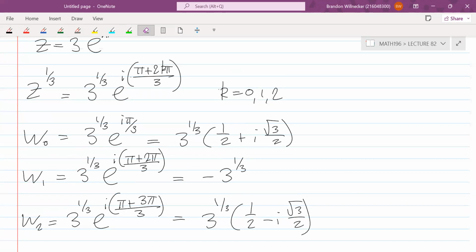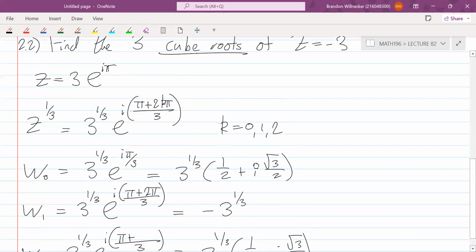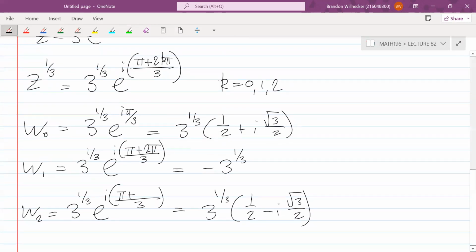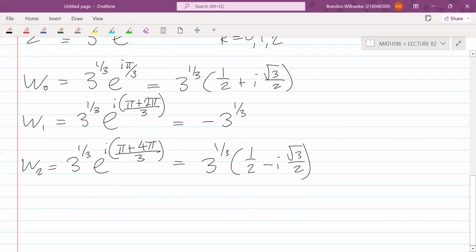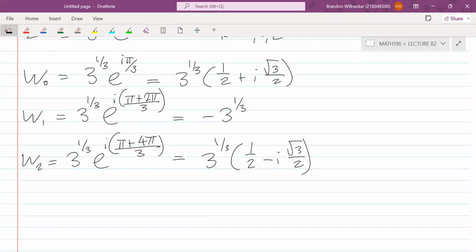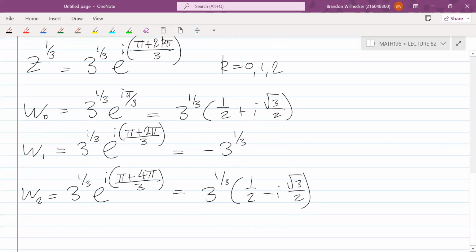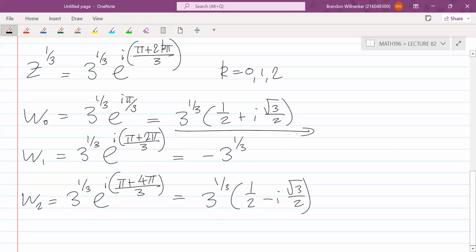Okay, then that's our 3 roots. So we get 1, 2, and 3 cube roots.